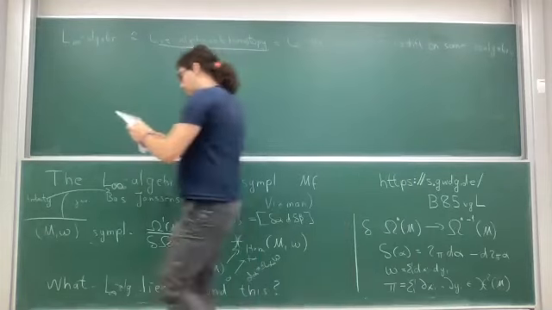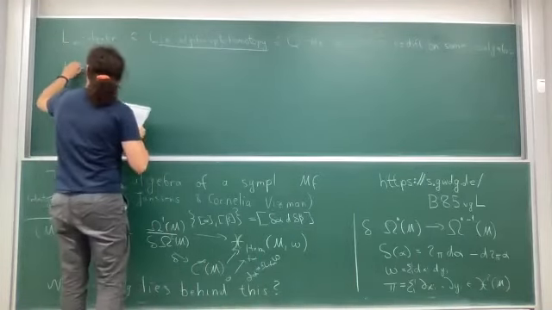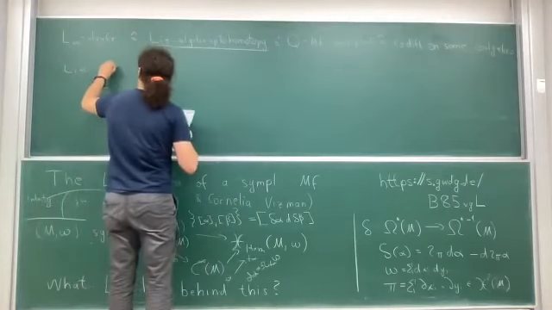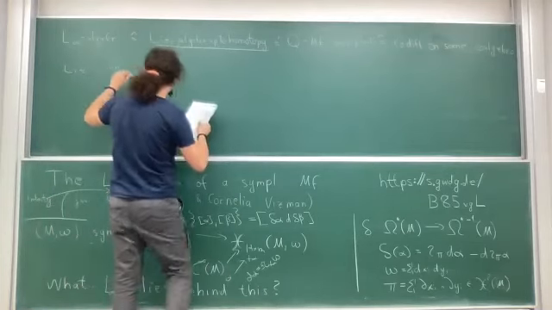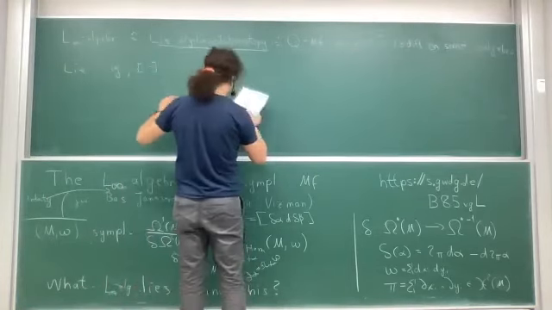So when we have a Lie algebra, we can see it as some space, g, and a binary operation on it.